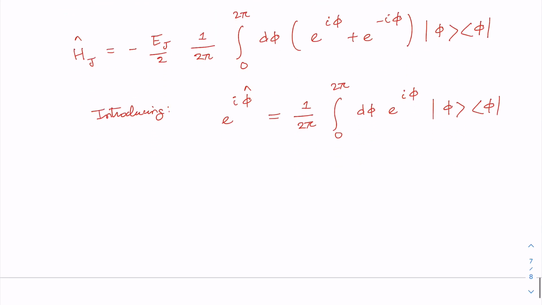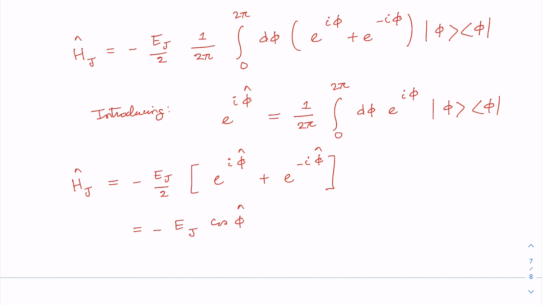We therefore write Hj is equal to minus Ej by 2 times e to the power i phi cap plus e to the power minus i phi cap, and that is equal to minus Ej cos phi cap.